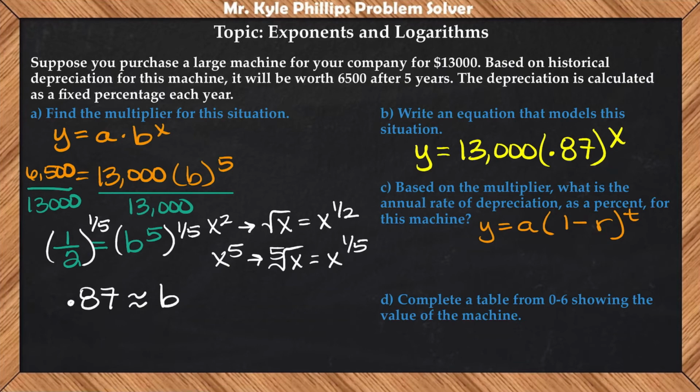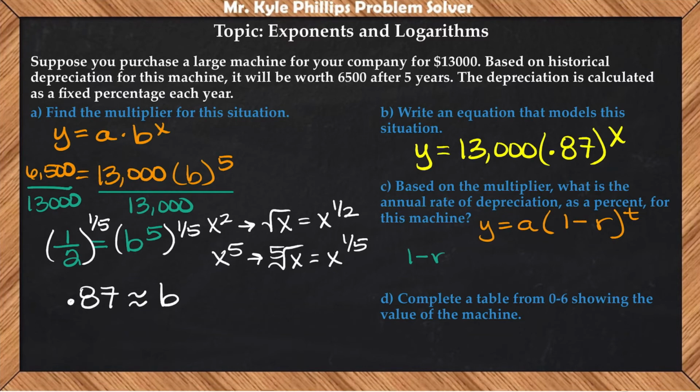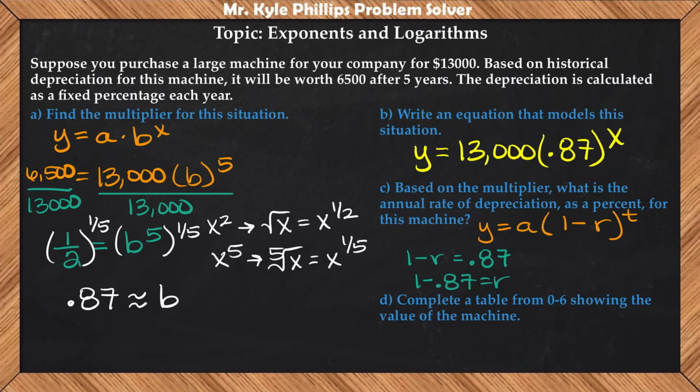So if I came down here, this would be 1 minus R equals 0.87. So here, this is the same thing as 1 minus 0.87 equals R. So my rate here is going to be 0.13, and they want it as a percent. So to get a decimal as a percentage, you would just multiply by 100, or just move the decimal 2 places to the right. So here, this would be 13%.